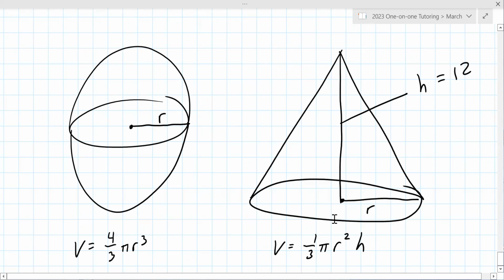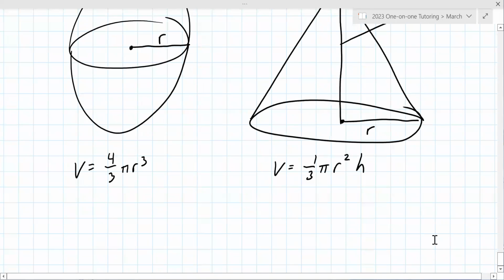Okay, so I'm just looking for the final answer here. This one does work out sort of nicely. So I'm trying to find the radius, so I have to get the radius all by itself.